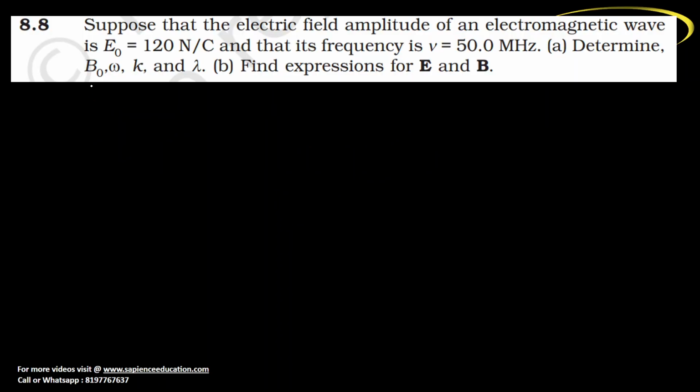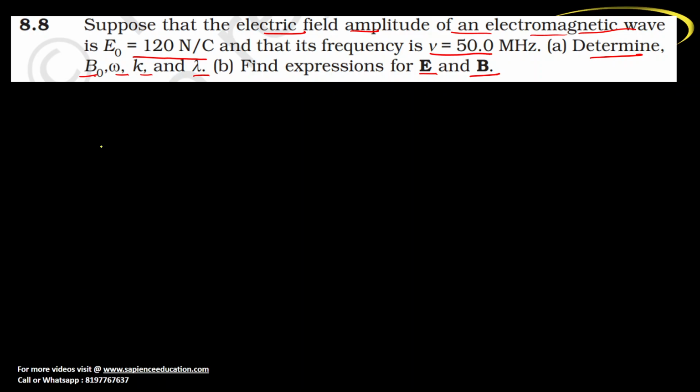The next question itself is saying that suppose the electric field amplitude of an electromagnetic wave is E naught, this one, and its frequency is 50 megahertz. Determine B naught, omega, K and lambda, and find the expression for E as well as B. Now let's go one by one.